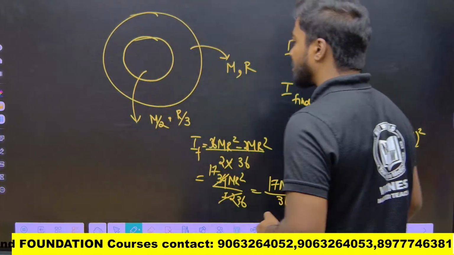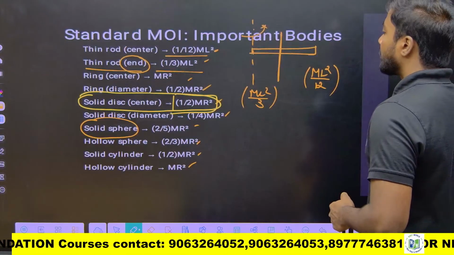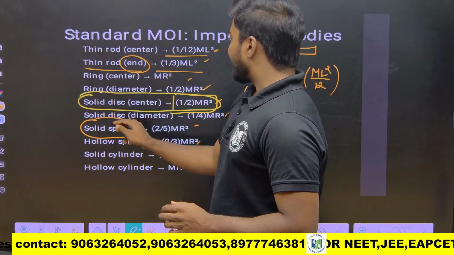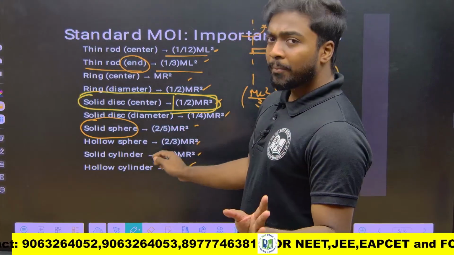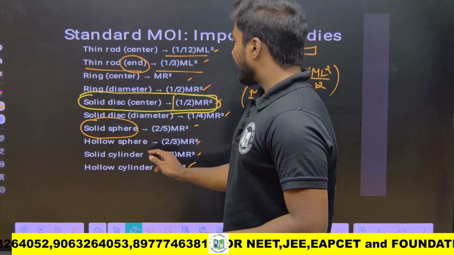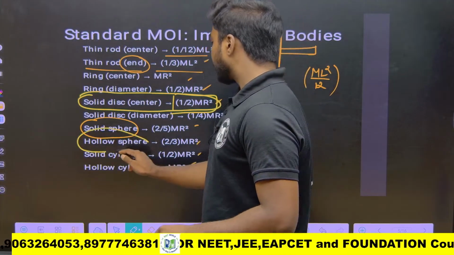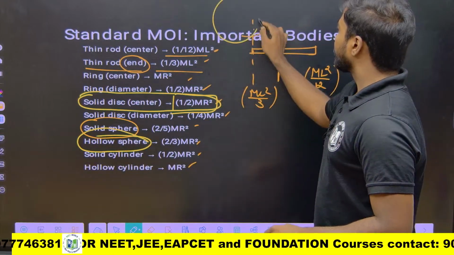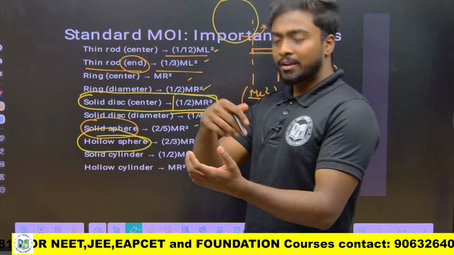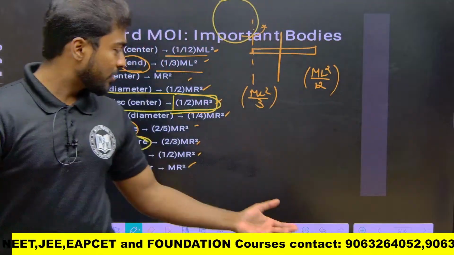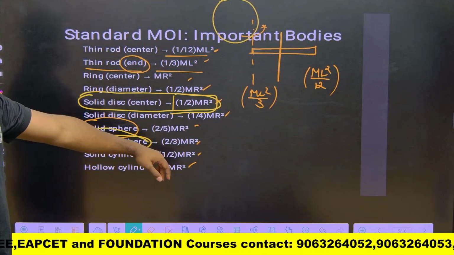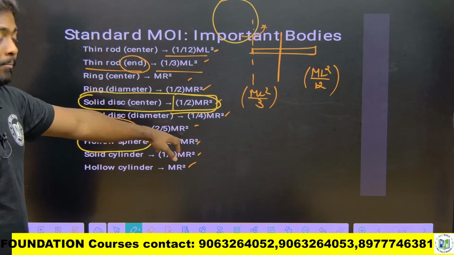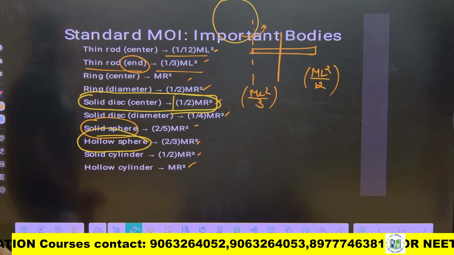I will give one more question here. From the center we have considered. Suppose let me take a hollow sphere, which has nothing in between. What is the moment of inertia there? 2 mr square by 3.